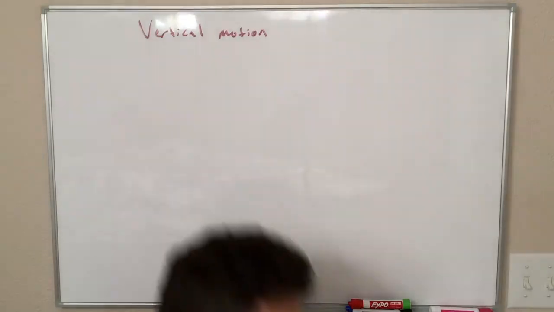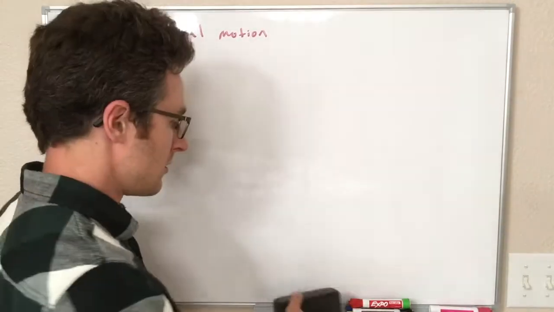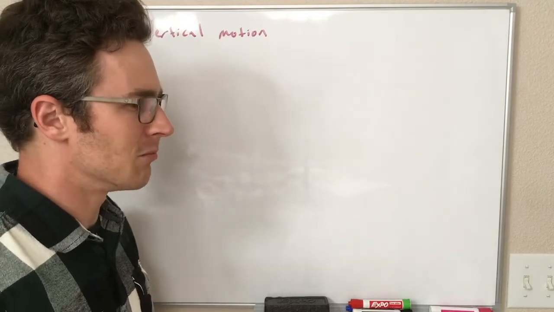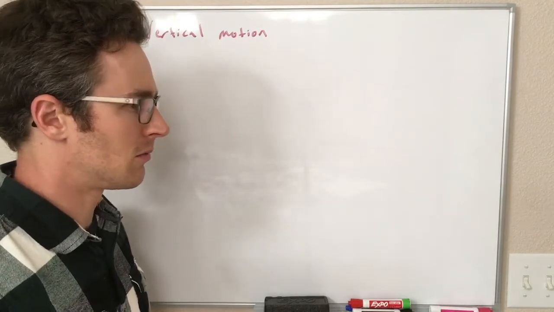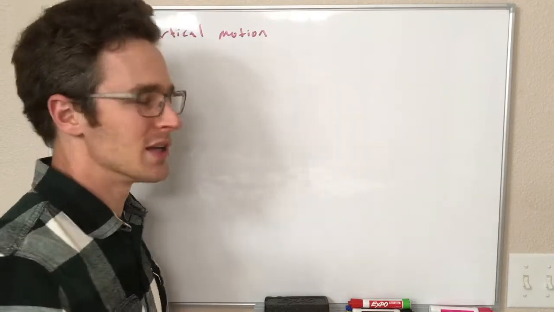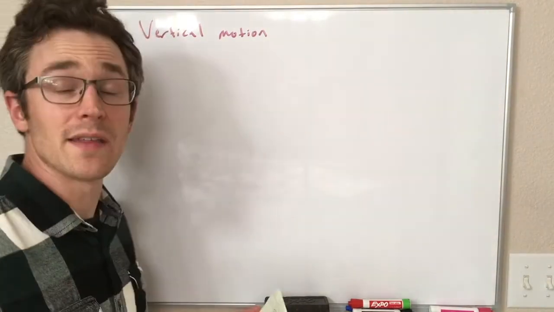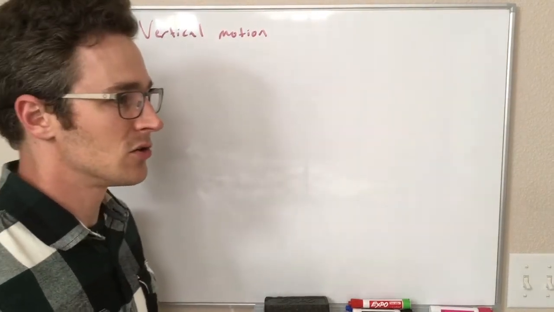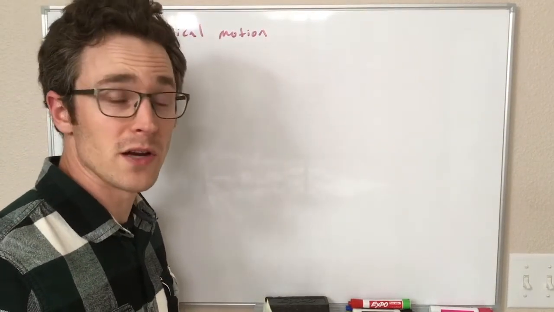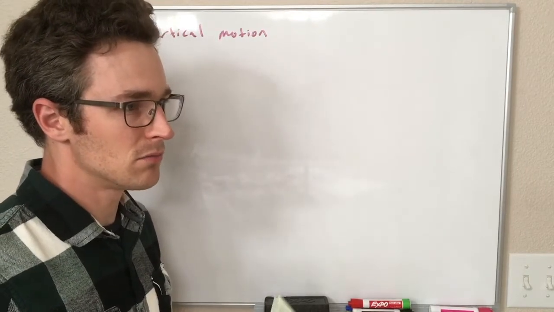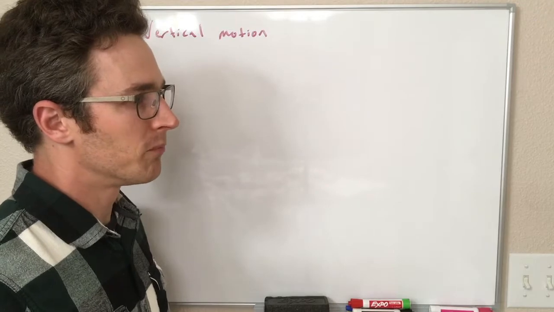So I let go of the eraser and it fell, surprising none of you. But why did it move? I didn't throw it down, right? I just let go. And the answer is it's because of gravity. So gravity causes objects to undergo an acceleration when nothing else is touching them.